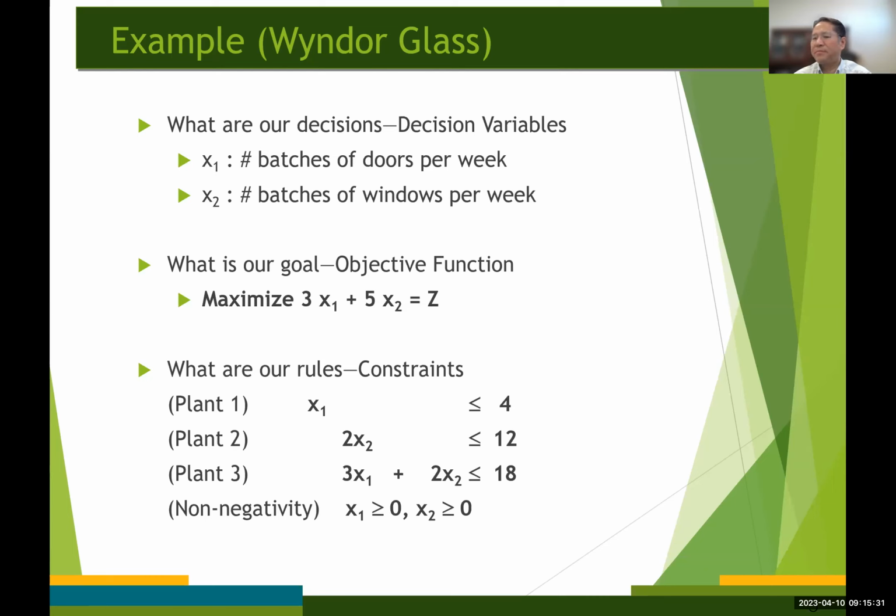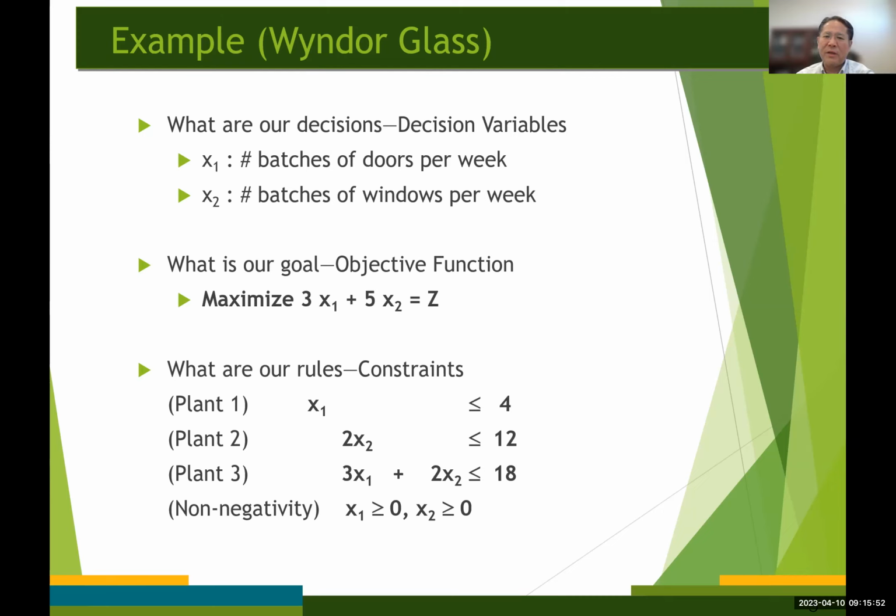Because you have to decide how many doors and windows have to be produced each week to maximize the total profit, we define two decision variables, x1 and x2.